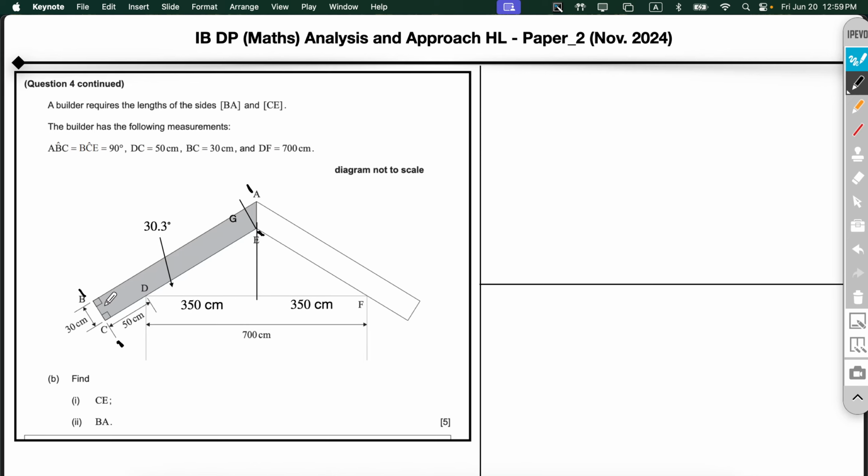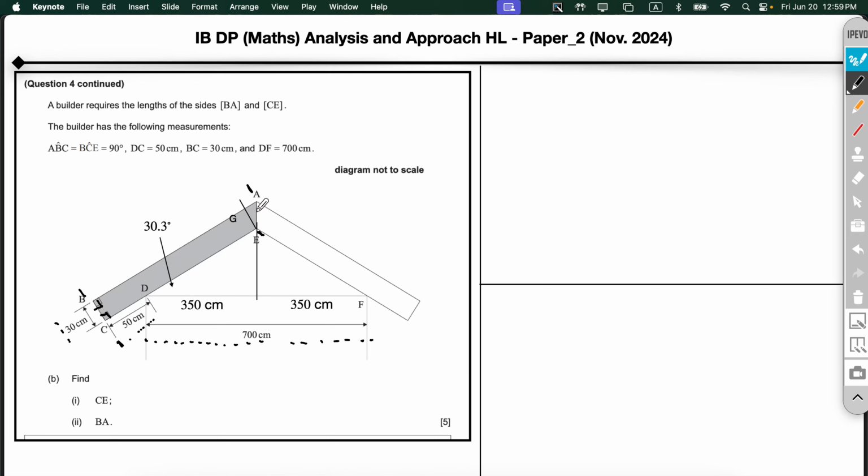So this angle and this angle are 90 degrees. And DC equals 50 centimeters, which is written here. And BC equals 30 centimeters. And DF, this long length, is 700 centimeters.